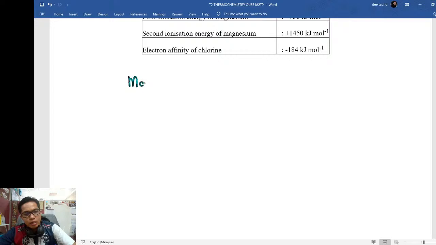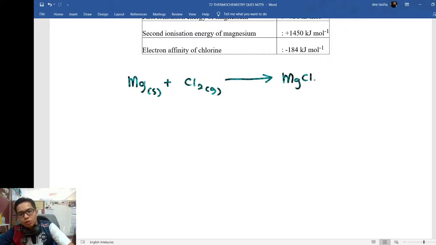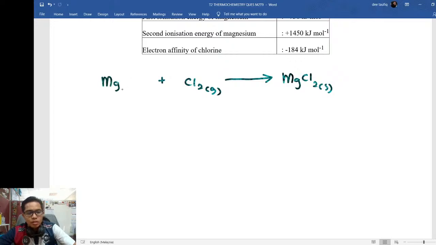So from magnesium solid plus chlorine gas molecule, it will produce magnesium chloride solid. Okay, saya nak gapkan sikit saya punya elemen ni supaya saya senang untuk letak nilai kat tengah tu nanti. Plus magnesium solid. Saya saja je bagi jauh, senang saya nak melukis sebenarnya.